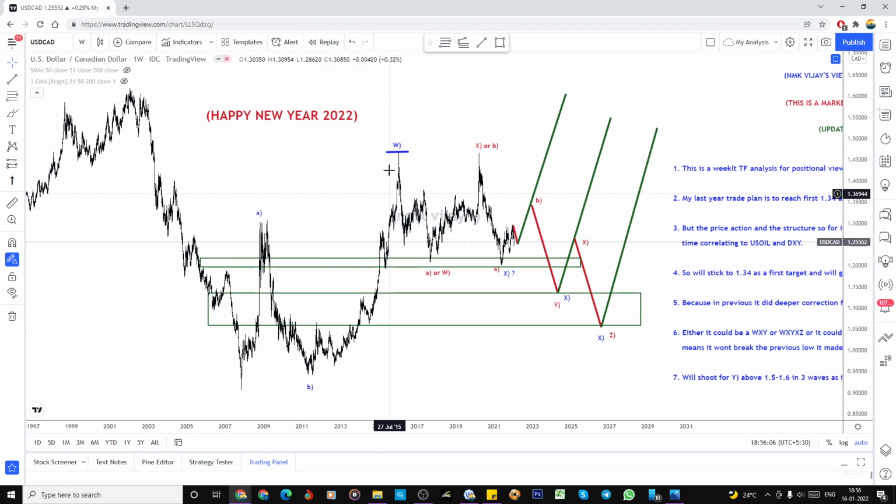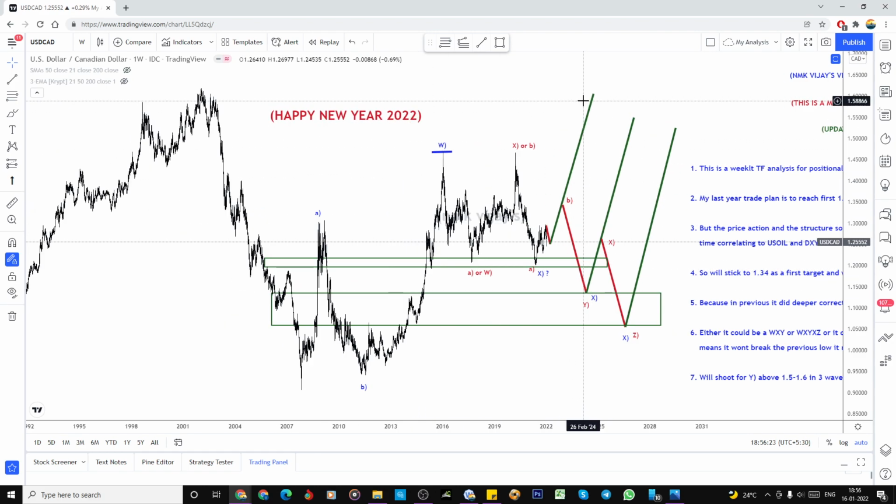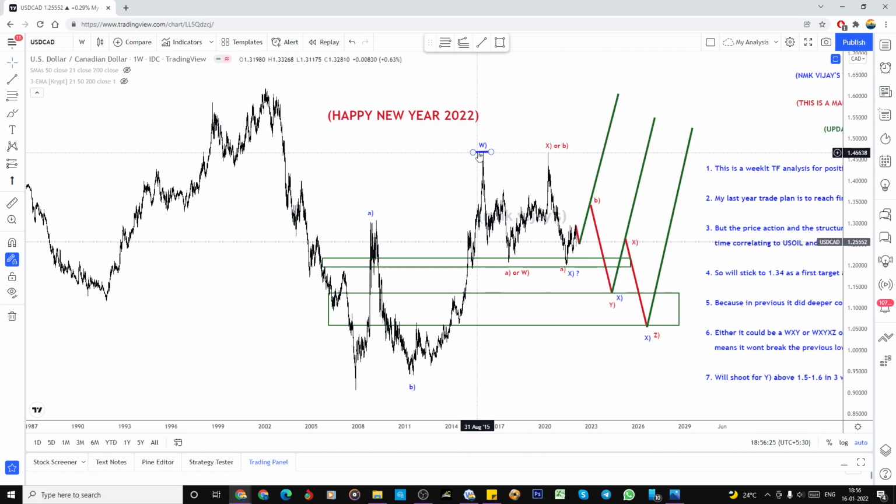Once this correction is completed, we are in another correction for the impulsive wave. We call this the impulsive, and this is the correction, and one impulsive wave. This impulsive is also split into A, B, C, and here we are in the B wave as of now. Once this part is completed, I'm expecting one more impulsive wave to break this previous high. That is the target.